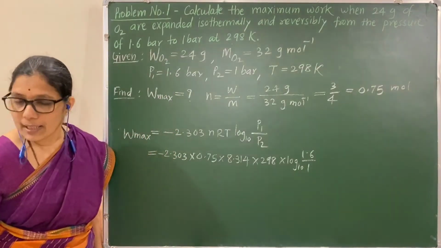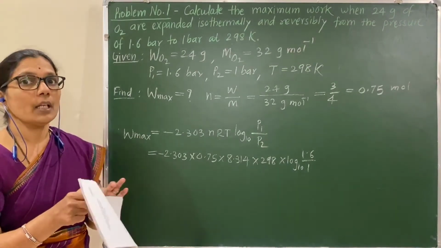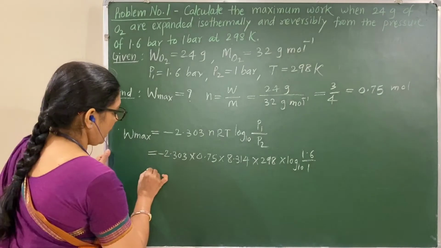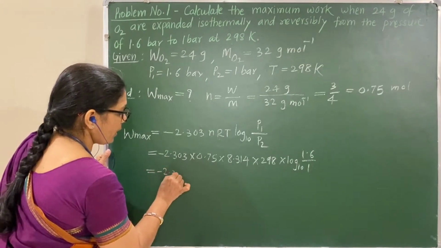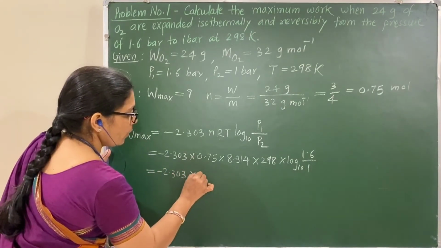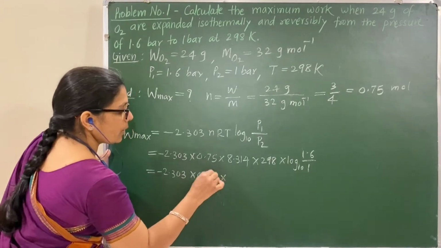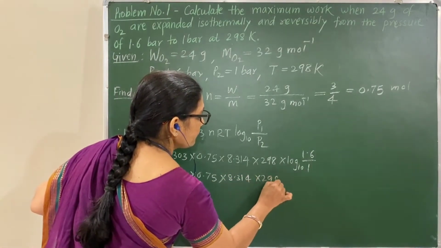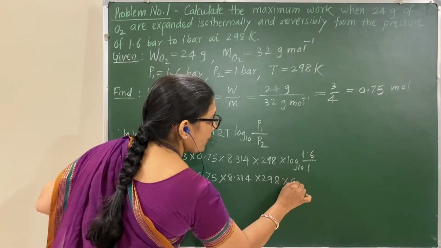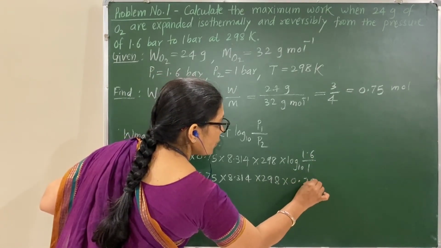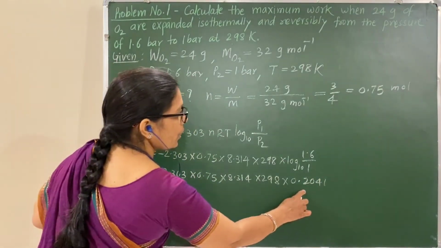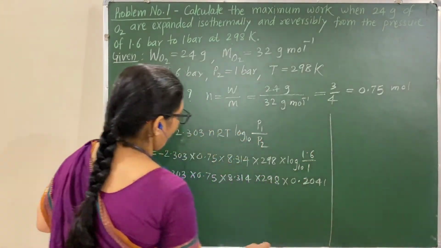At the time of the exam, you are supplied with the log table. Do the calculation by using the log table only. Therefore, minus 2.303 into 0.75 into log of 1.6, which is 0.2041. Now here multiplication, do the calculation by using the log table.